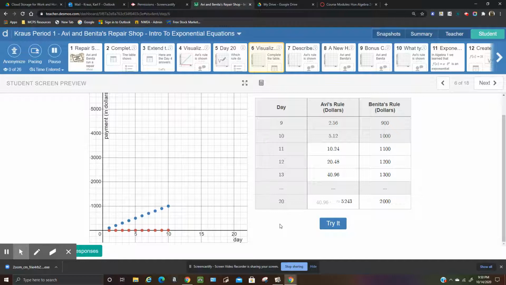And then on day 19 for Benita would be 1900. So that would be still more. And then 2621 divided by 2 would be 1310. So up to day 19.